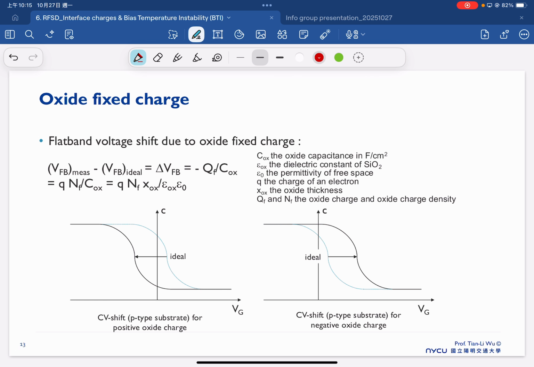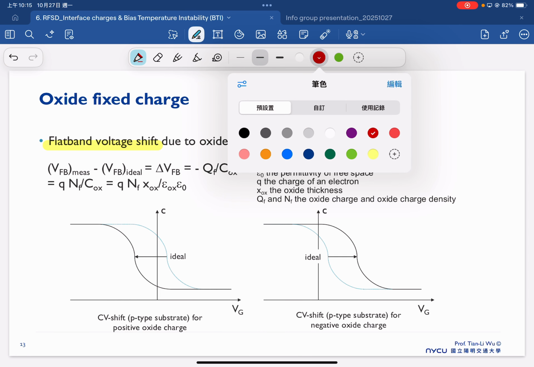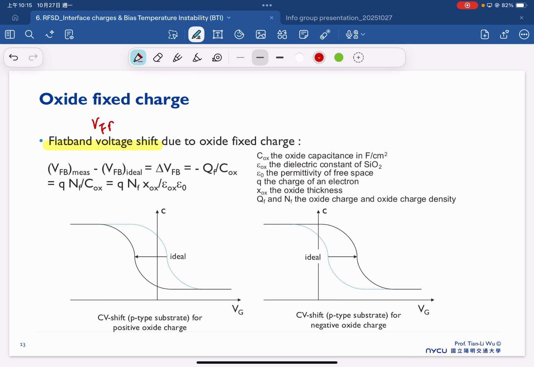So we can also use the flat band voltage shift to try to characterize our oxide charge. If we characterize in the MOS cap, then in most cases we can only use the CV characteristic, and the parameter we are interested in is this delta VFB, the flatband voltage shift.